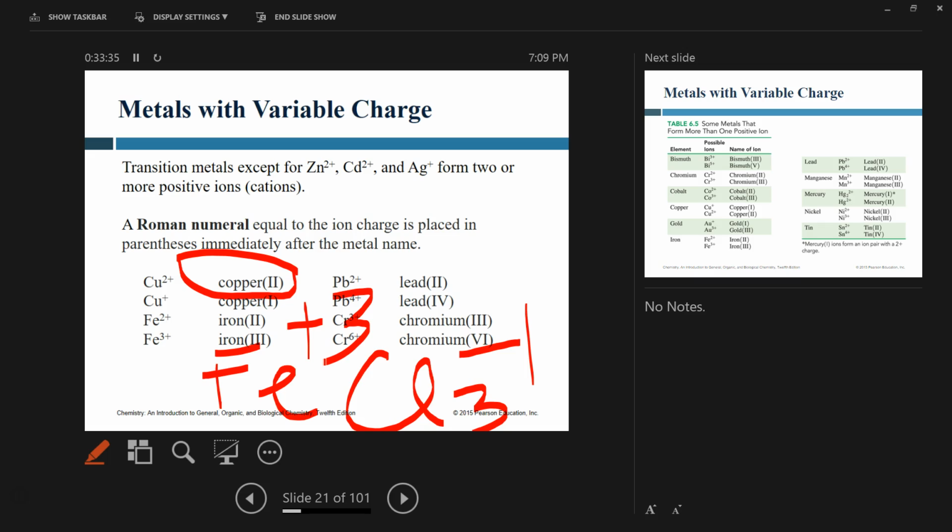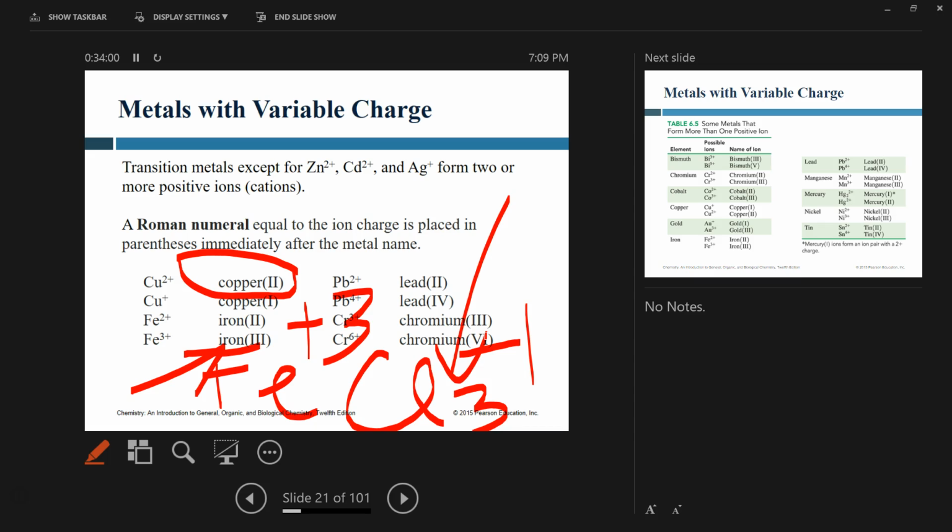So you write down iron and put Roman numeral 3 in parentheses. How do you know iron is +3? Because chlorine is always -1, and there are 3 chlorines. The compound has to be electrically neutral. Oh, okay.